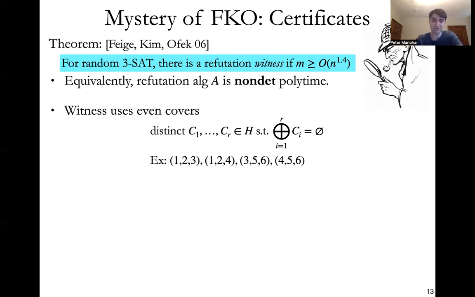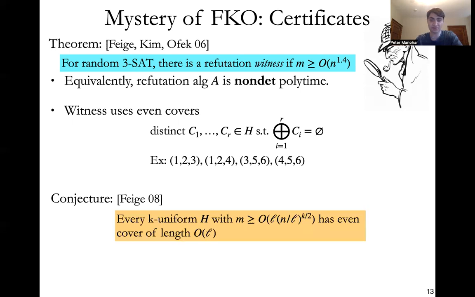In light of this connection to even covers, Feige came up with the following conjecture, that every k-uniform hypergraph with at least about L times n over L to the k over 2 hyperedges must have an even cover of length order L. And the length of the even cover is simply the number of hyperedges in the even cover, which is this parameter r up here.